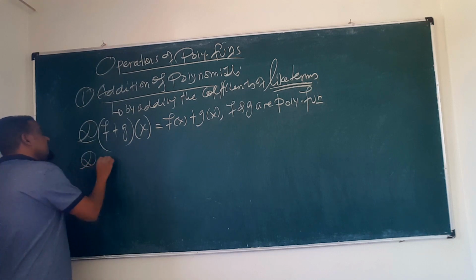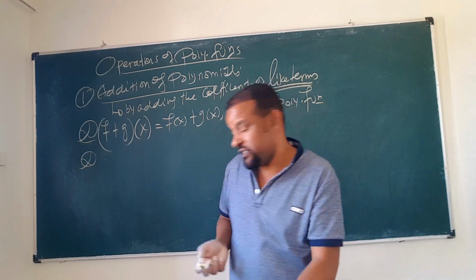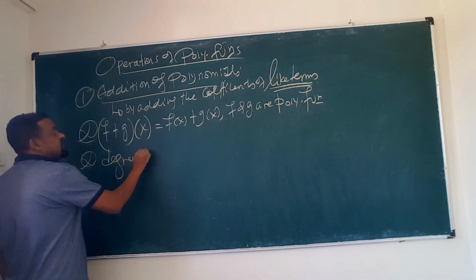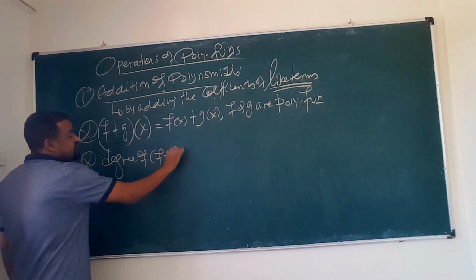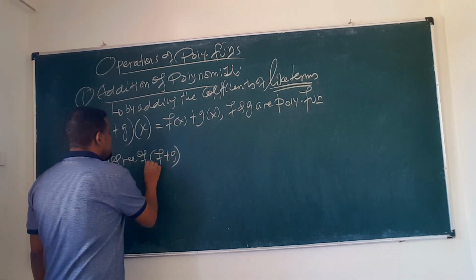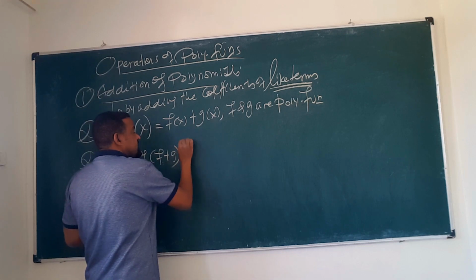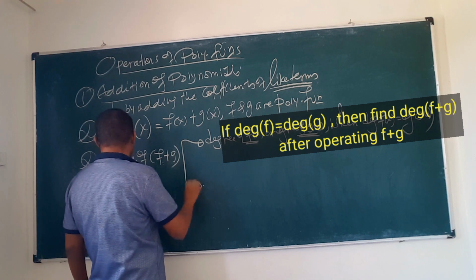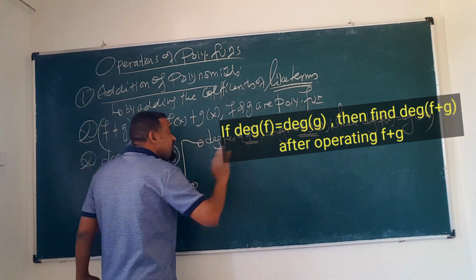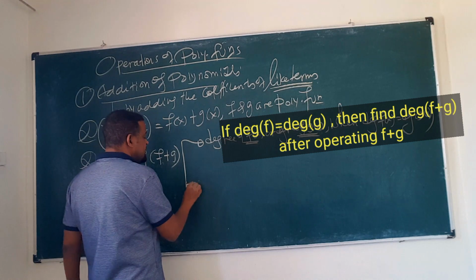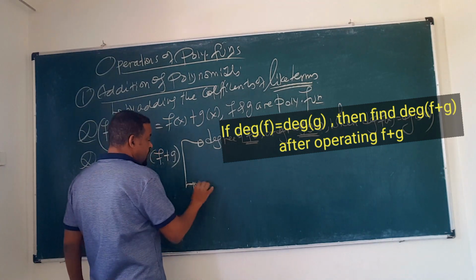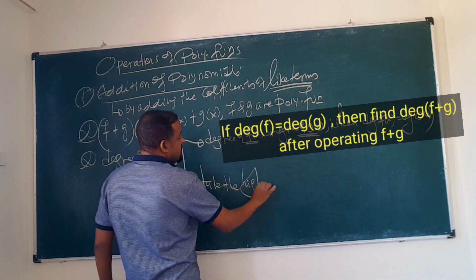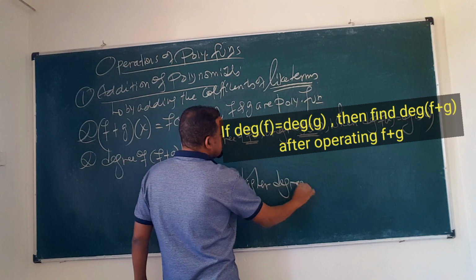Now, the question here is what would be the degree of this f plus g, the sum of the polynomials? If they don't have equal degrees, then you consider the higher degree.